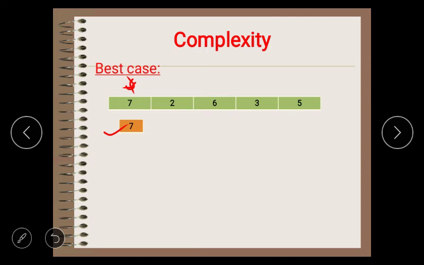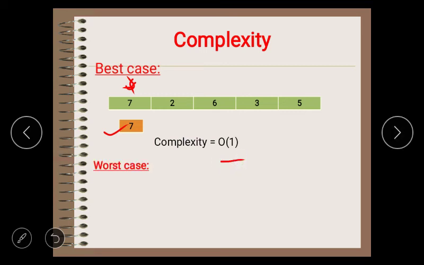If the element is found at the first comparison only, then the best case time complexity is order of 1. At the beginning of the array itself, we have found the searching element in the array. So that is the reason why the best case time complexity is order of 1.